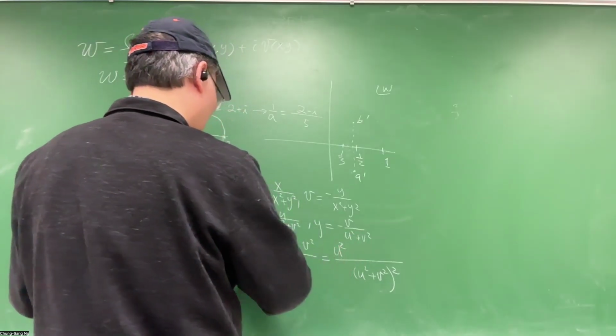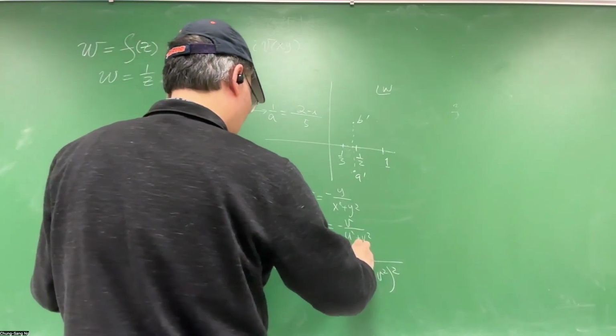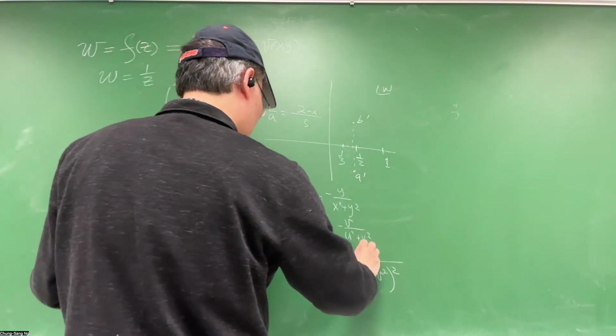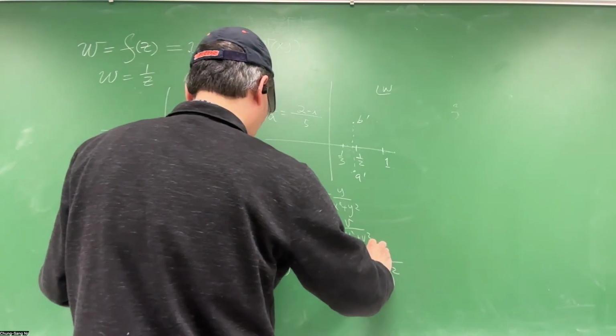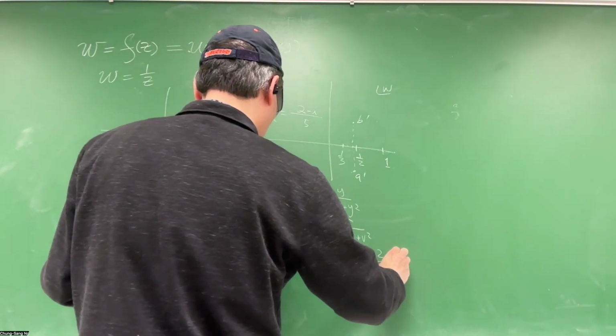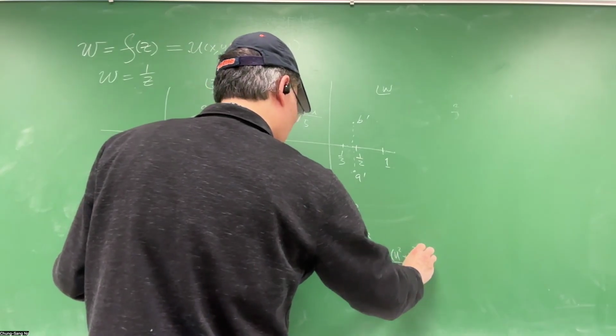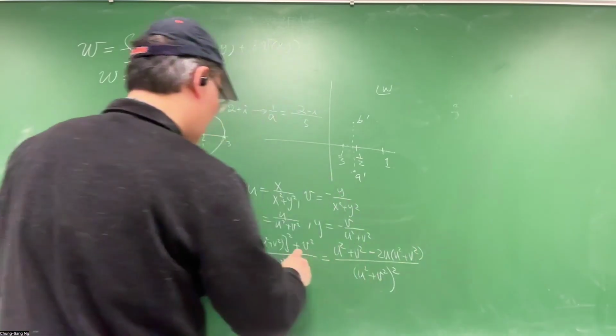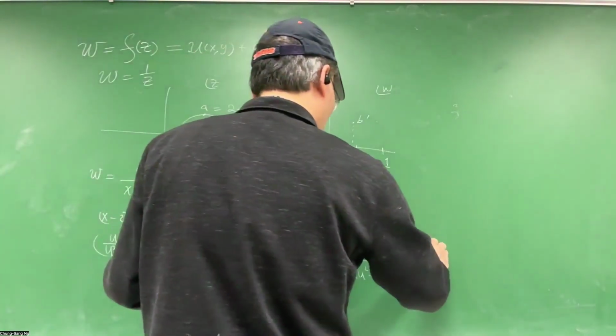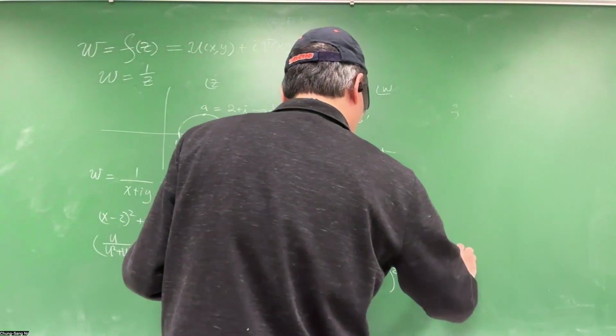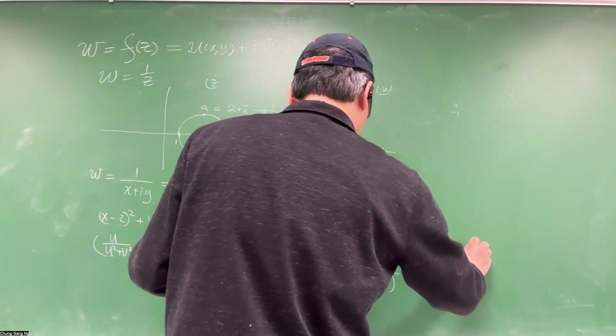We get u squared plus v squared, and then minus 4u times (u squared plus v squared), and then plus 4 (u squared plus v squared) squared.